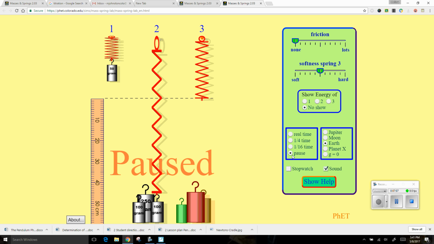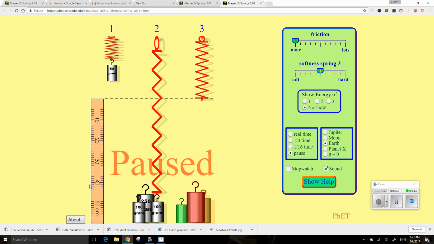And so this one happened to go down, and you can't see it, but about 49 centimeters as opposed to the 29 the last one did. This is a linear relationship. So if I added another 50 grams onto this mass, it would probably go up another 20 centimeters for a total of 69 centimeters of stretch and compression.